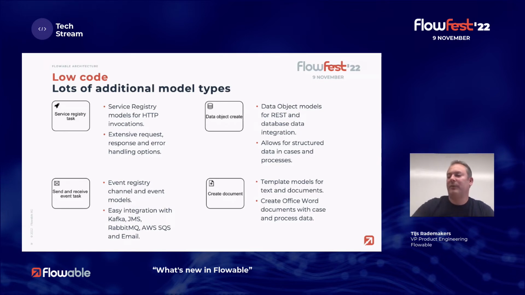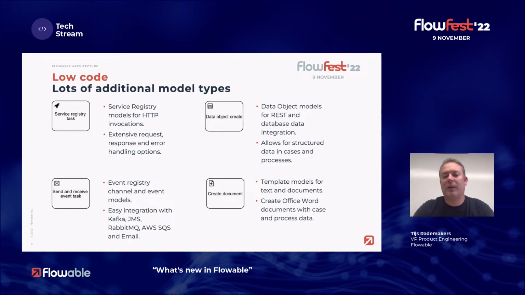So instead of going to the database, it will invoke a REST call for you. And the same things can be done. So you can query on data objects, you can create a data object, update, delete. So all this stuff is available there as well. And it provides a really nicely structured way to work with data in Flowable.